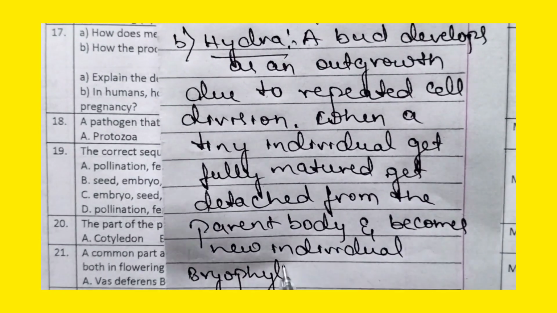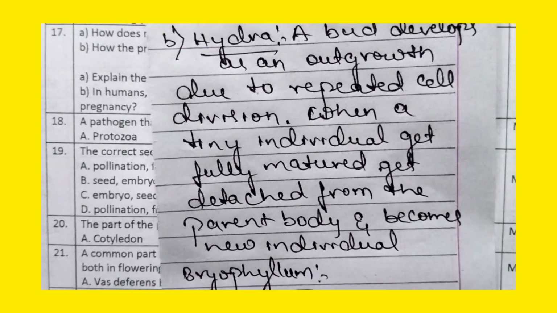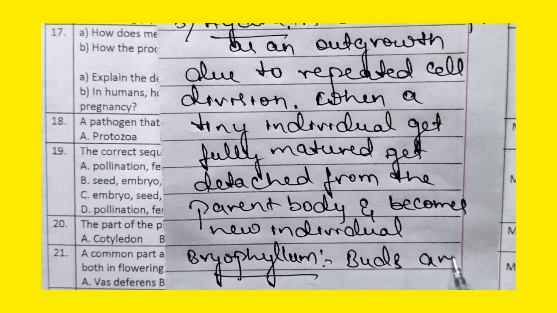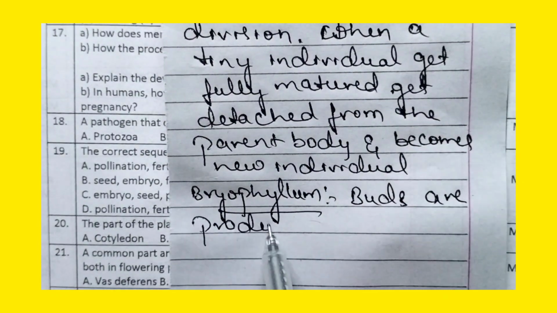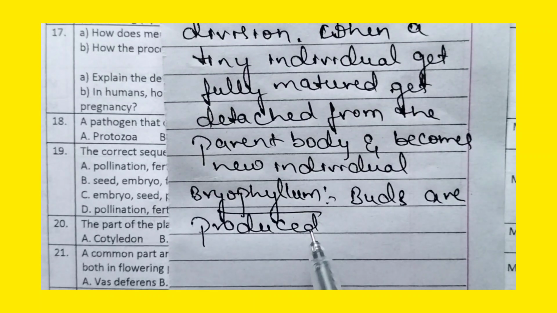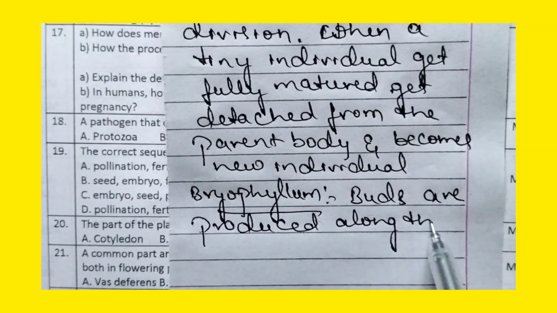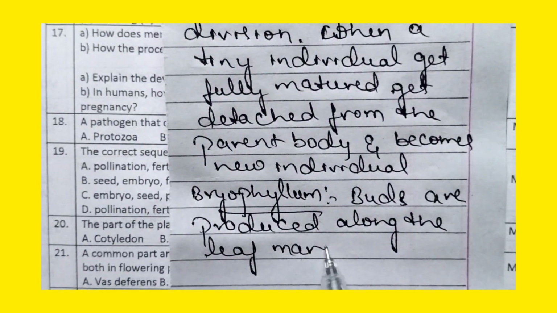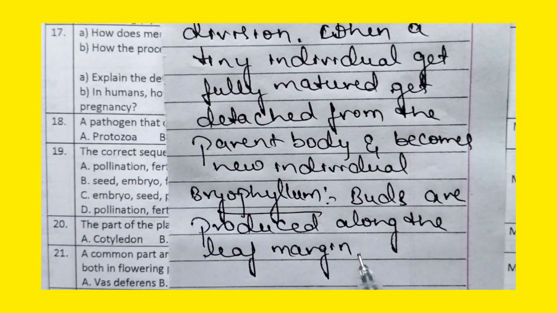Then what happens in bryophyllum? In bryophyllum, buds are produced along the leaf margin.